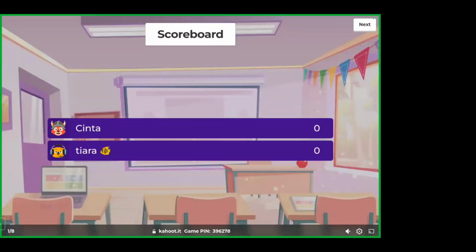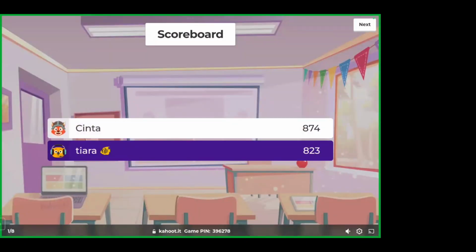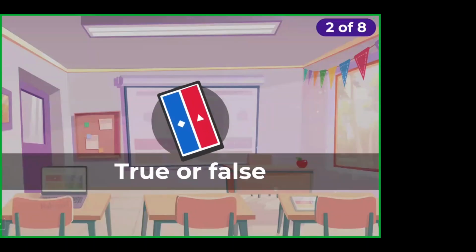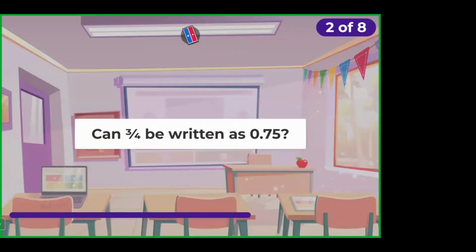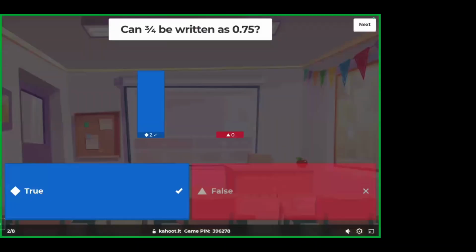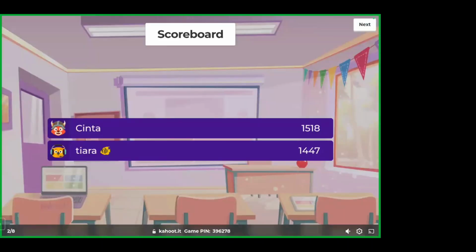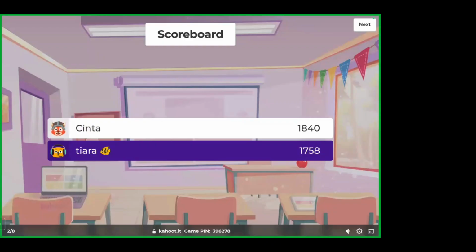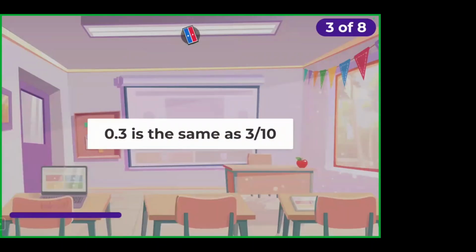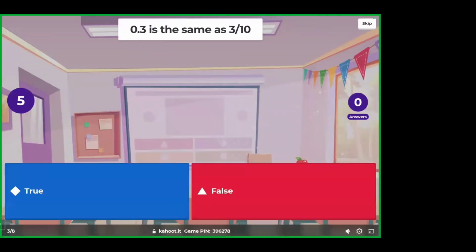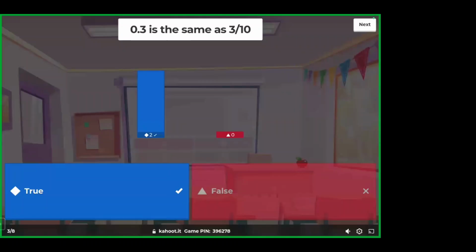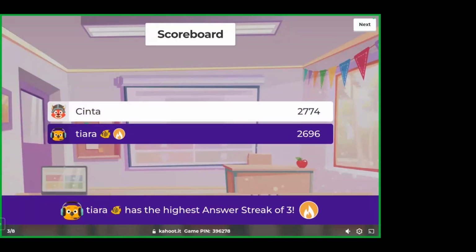Next. Okay, Cinta in the first place. Can 3 per 4 be written as 0.75? Great job, everyone. Everyone is already understanding decimals today. Cinta is still in first position. Whoa. Will it change?